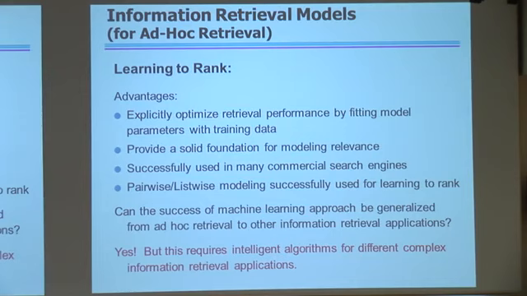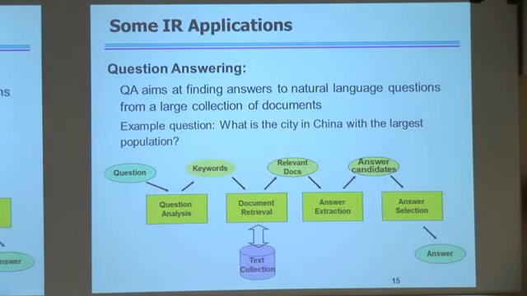But we need to figure out some specific requirements about learning algorithms for designing different complex information retrieval applications. I will only elaborate on 3 applications, and I will show some of the modeling techniques we have utilized for those 3 applications. But similar techniques can be utilized in many other IR applications.